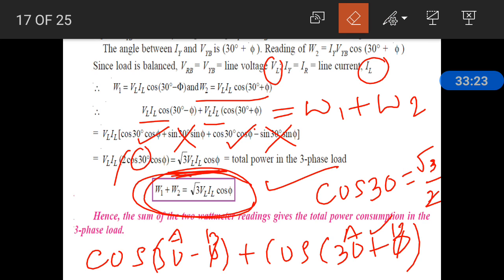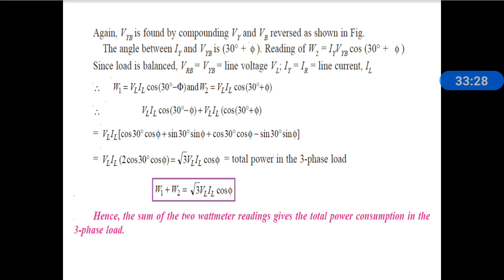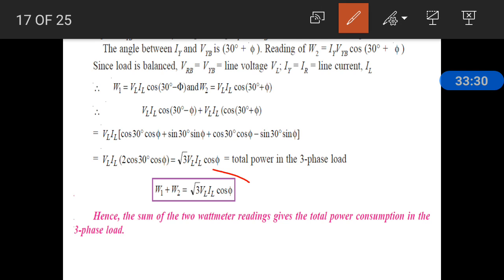So W1 plus W2 is the total power in the circuit. This two wattmeter method confirms that just by adding the reading of W1 and the reading of W2, we get the three-phase power. Hence the sum of the two wattmeter readings gives the total power consumption in the three-phase load. The two wattmeter method works in unbalanced condition, as we discussed earlier, and also works properly in balanced condition.